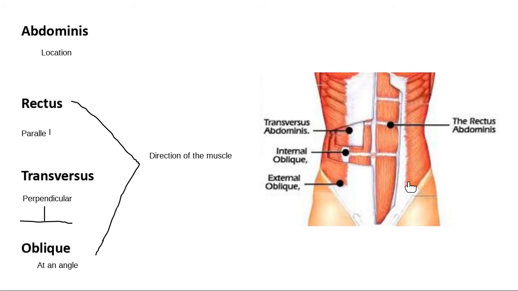The internal obliques actually go the opposite direction. So both of them are going at an angle. They're not going straight up and down. They're not going perpendicular. They're going at this angle. That's what makes them an oblique. And again, in the abdominal region, we've got two layers of obliques. The external one on the very outside, the internal one right underneath it.